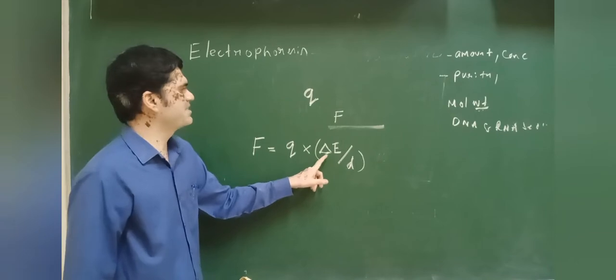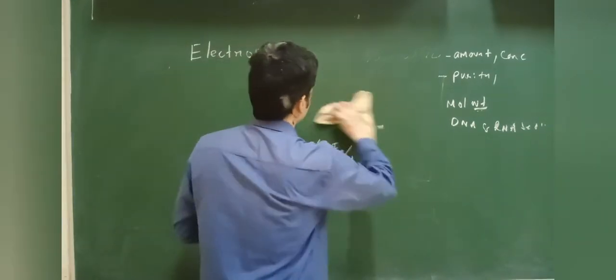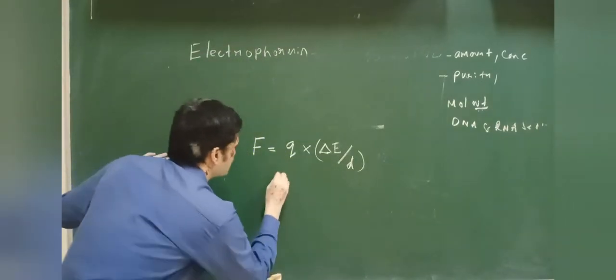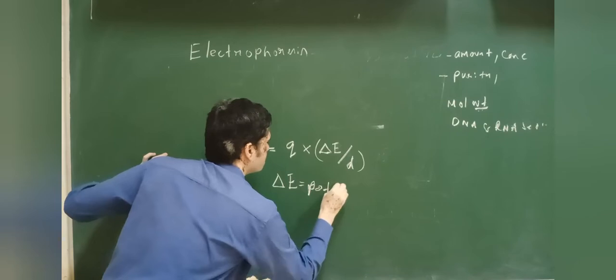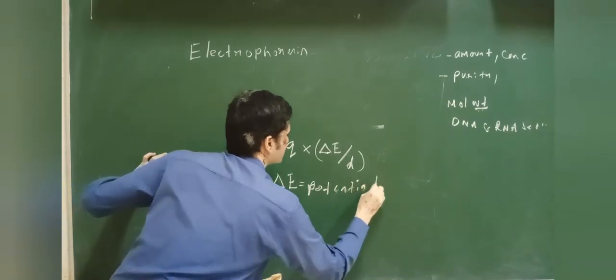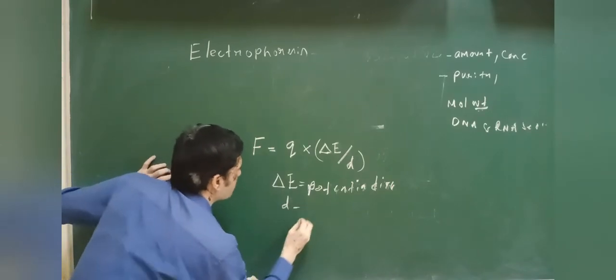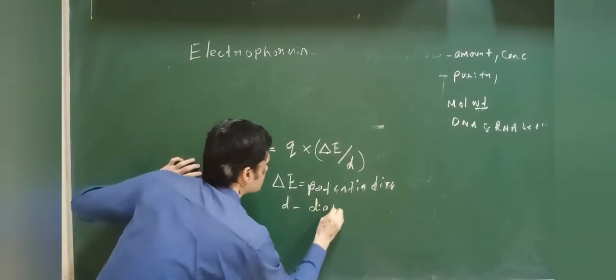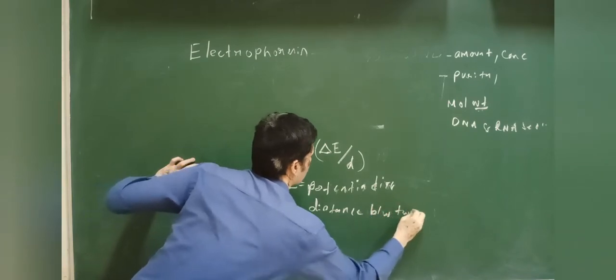Here ΔE is the potential difference, and D is the distance between the two electrodes.